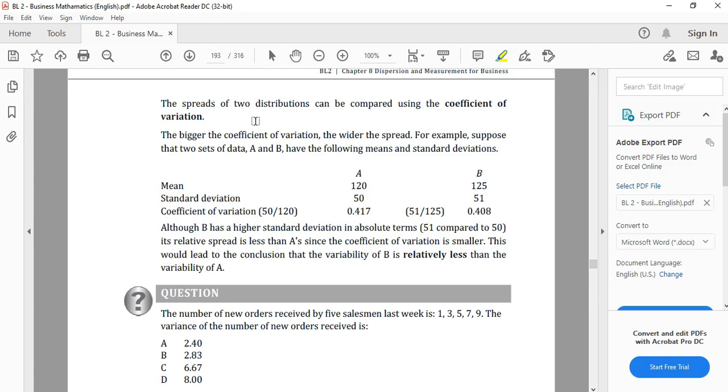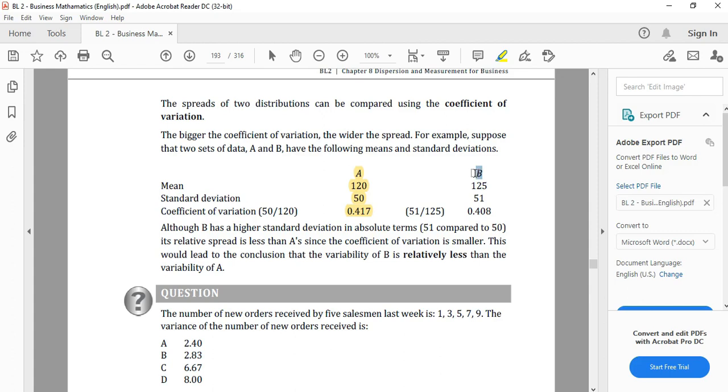Example. Suppose that two sets of data A and B have the following means and standard deviations. Data set A has a mean, or an average, of 120 per whatever and a standard deviation of 50, and their coefficient therefore is 0.417.